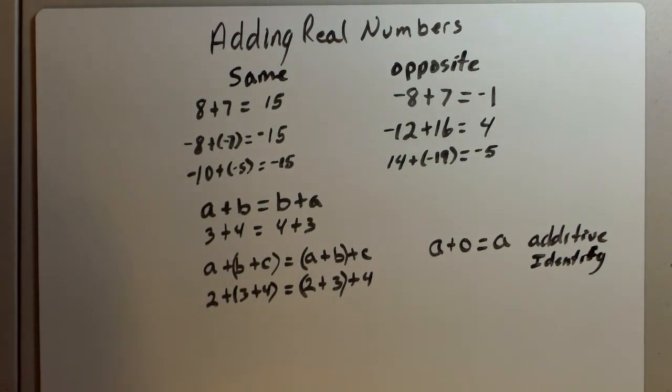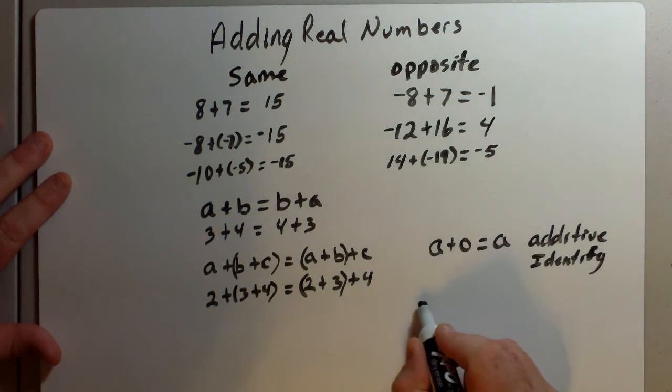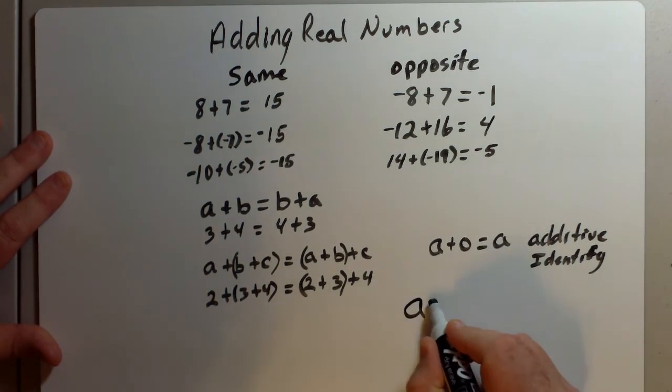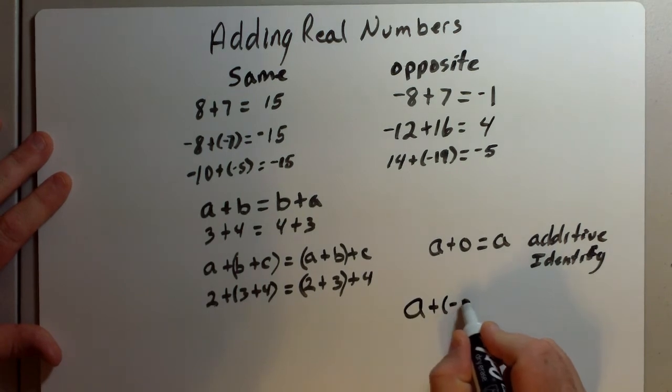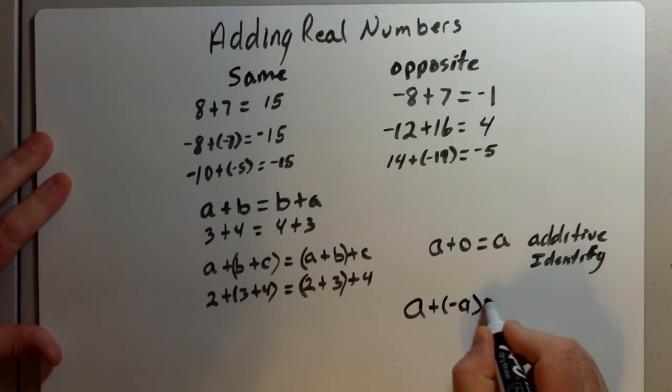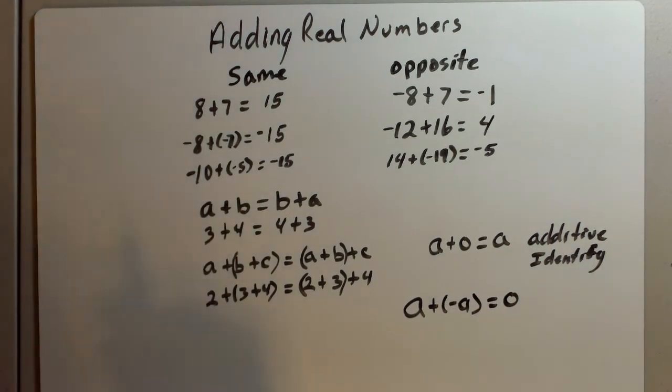You've also got something called the inverse property, and that would be, let's see, a plus negative a will give you a value of 0. So that simply says any number plus its opposite will equal 0.